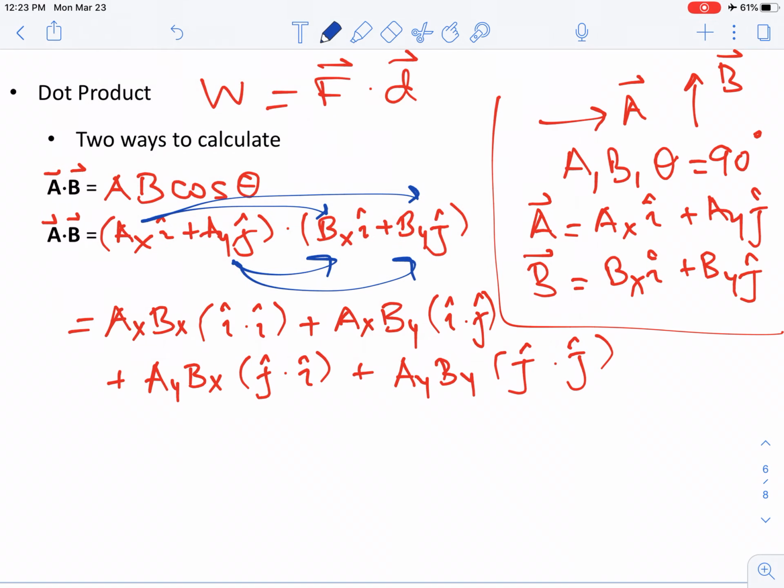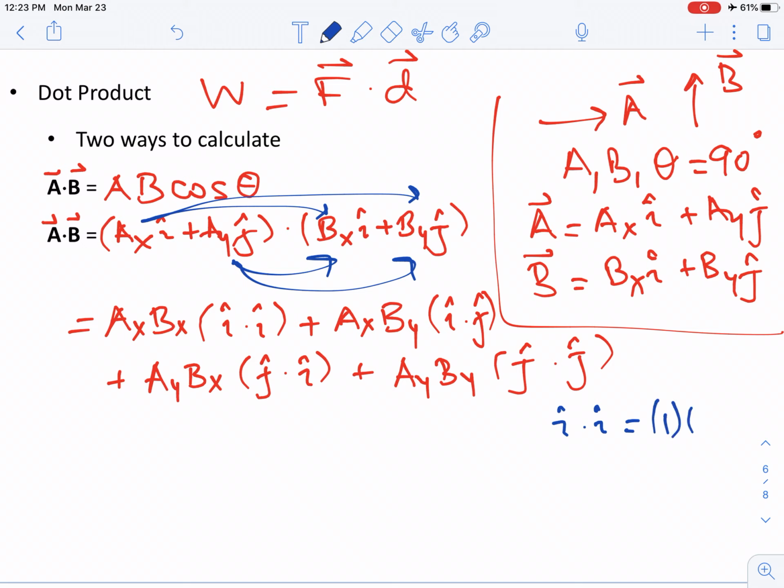So i dot i. What is i dot i? Let's just look into those. Okay, so let's use the first definition. We said a dot b was ab cosine theta, right? What is i dot i? What is the magnitude of i? i is a unit vector. Why do we say unit vector? Because the magnitude is 1.